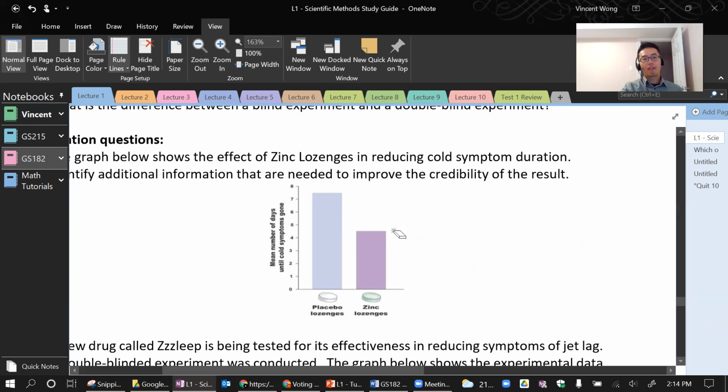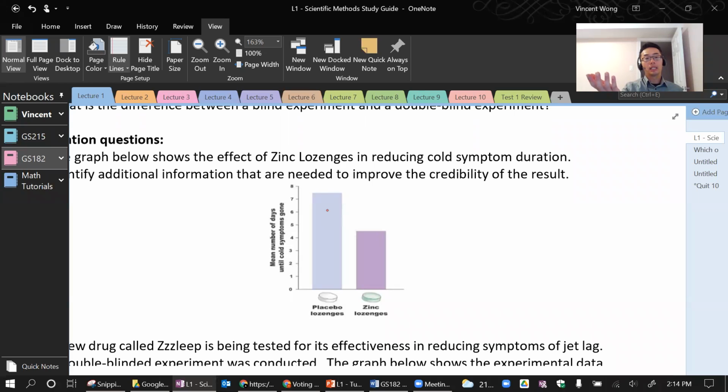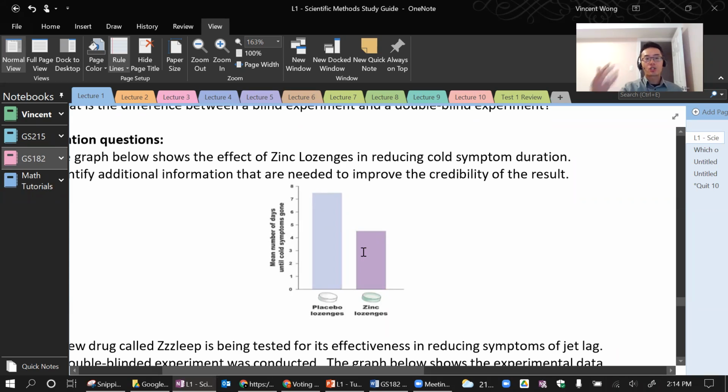And you can see from our graph, the people who take the zinc lozenges have fewer days where they exhibit symptoms compared to the placebo group. So what kind of question are you going to ask the salesman to validate this graph? What additional information would you like to see to make this graph more convincing? Or are you sold? Give me this stuff, I'm going to eat it right now. What are you going to ask the person?